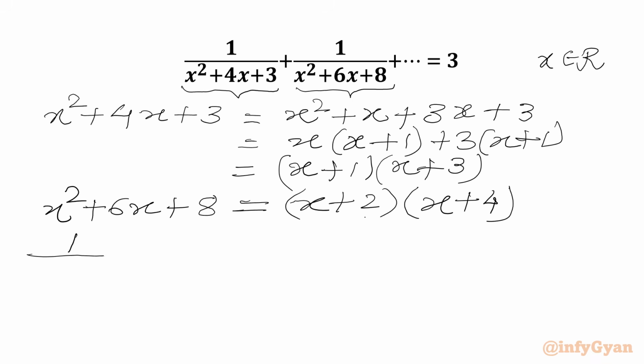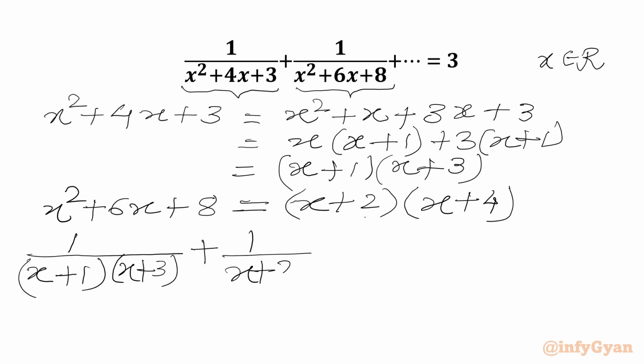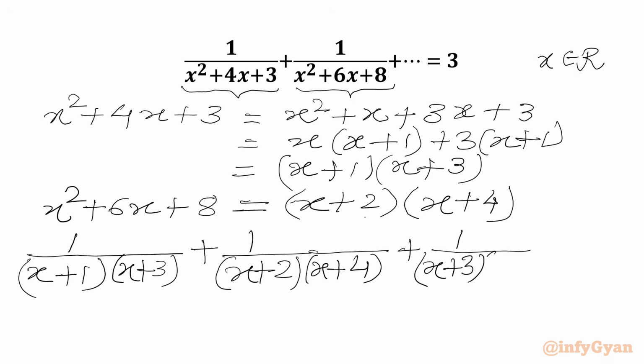So our equation will become 1 over x plus 1 times x plus 3, plus 1 over x plus 2 times x plus 4. If I write our third term, we can write 1 over x plus 3 times x plus 5, and so on up to infinity. This is equal to 3.